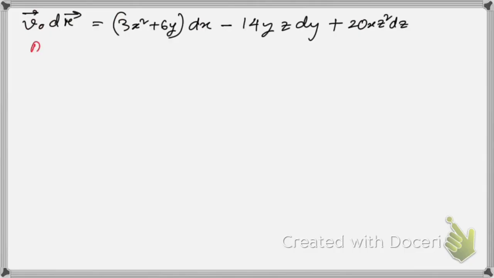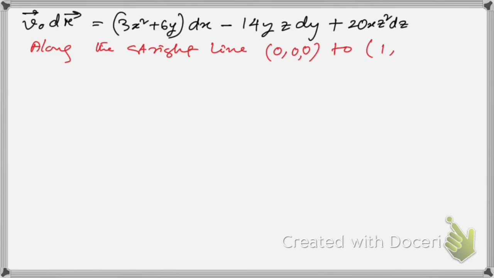Along this straight line, the variation takes place only along the x-axis, because x increases from 0 to 1.